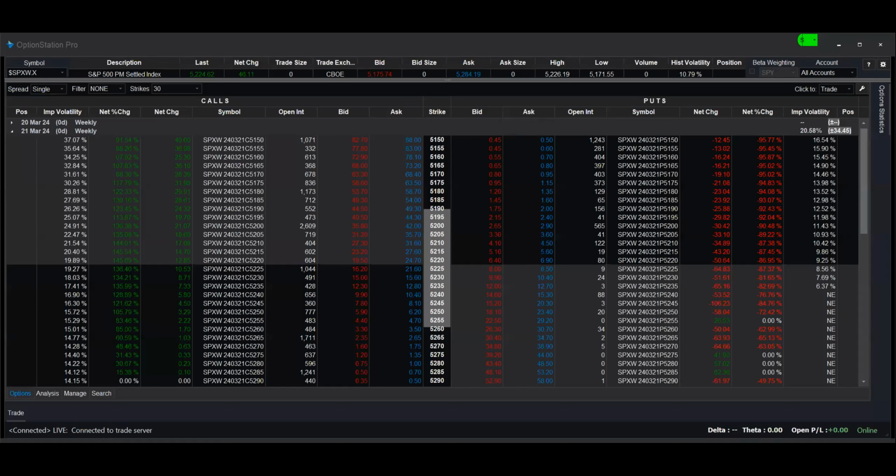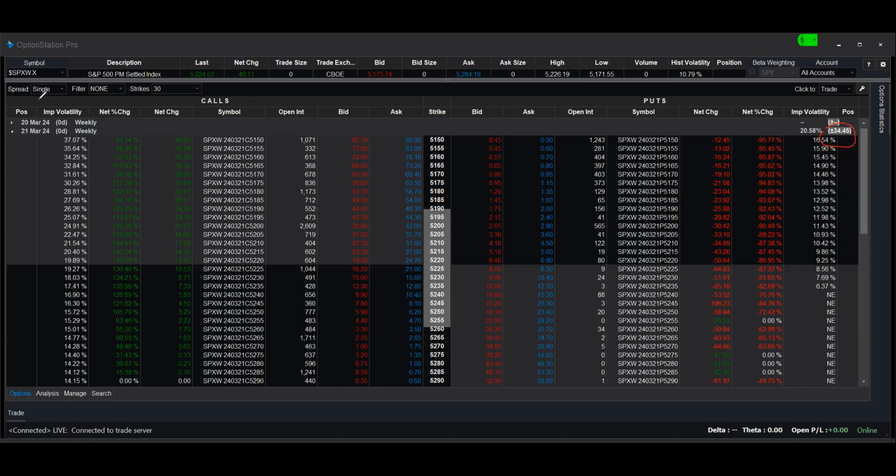All right, good. So tomorrow is the 21st. The first thing that we want to look at is our implied volatility. This shows up as a plus or minus number. Implied volatility is telling us, based on how the options are currently priced, how much up or down movement we can expect by expiration.